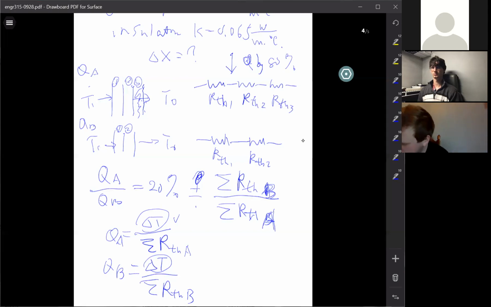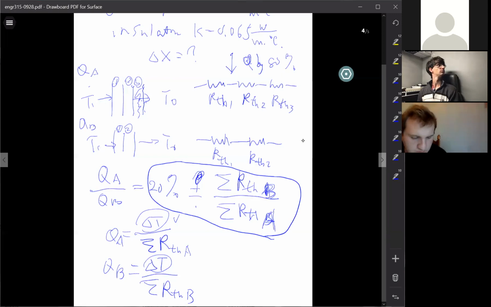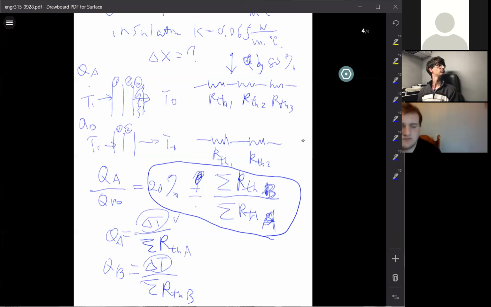So in this problem, this is the hidden information, not directly stated by the problem statement. The problem just tells you, hey, with insulation, the heat transfer is decreased by 80%. It didn't tell you anything about the overall thermal resistance, the ratio between these two cases. But you have to determine that. That's the key of this problem.